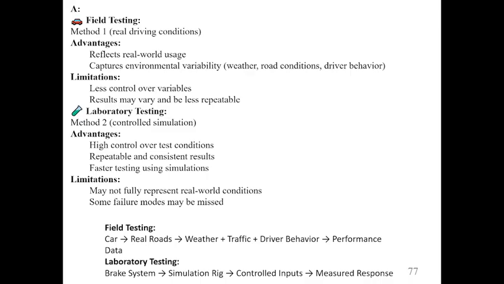This approach provides highly realistic data and helps you understand how the system behaves in actual operating environments. However, it also introduces variability, making it difficult to control conditions and repeat tests consistently.